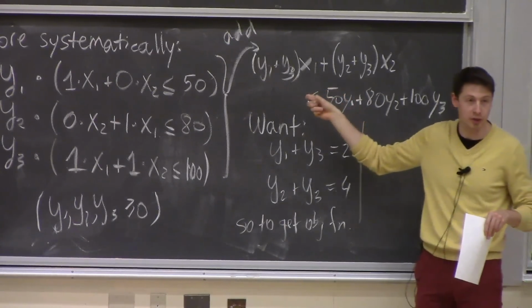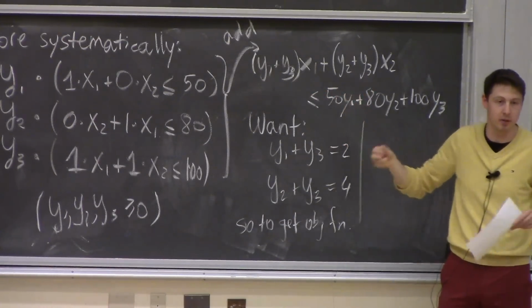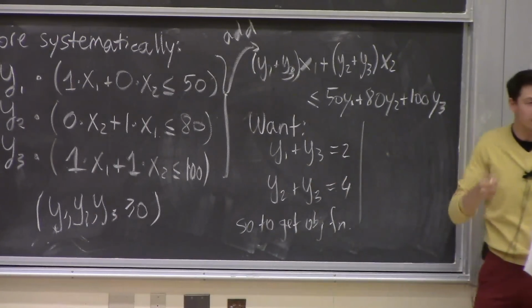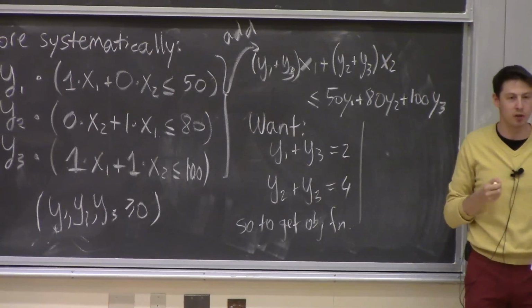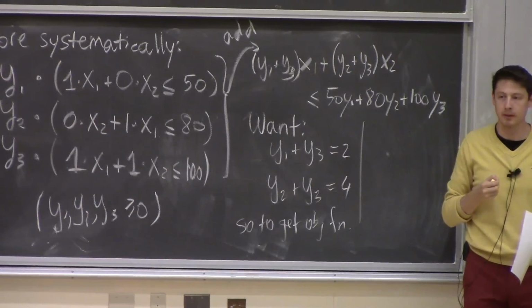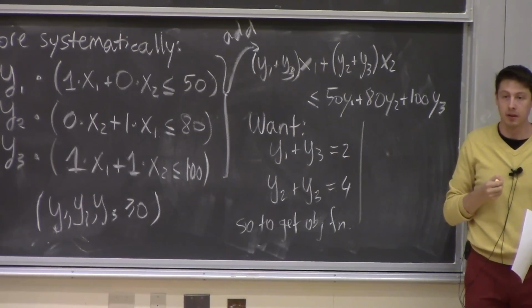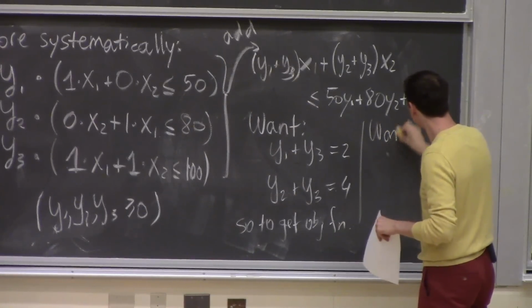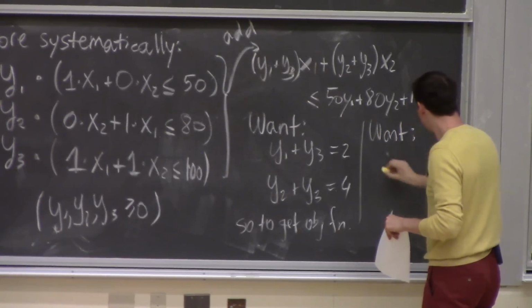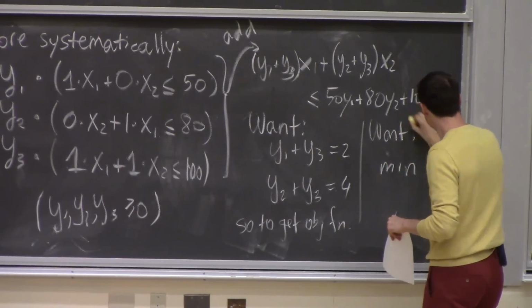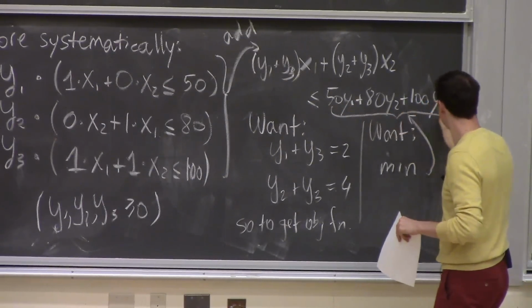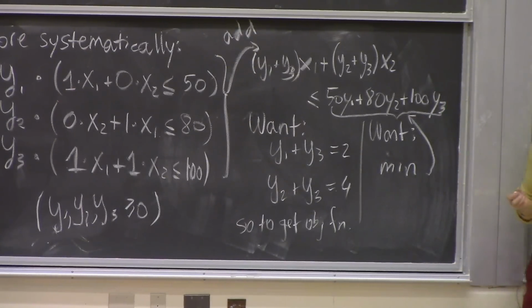Because on the left I get the objective function, on the right I'll get something depending on the values of y1, y2, and y3. But which upper bound on the objective function do I want? The smallest, the best, right? So another thing that I want is to minimize this expression, this right-hand side, right?